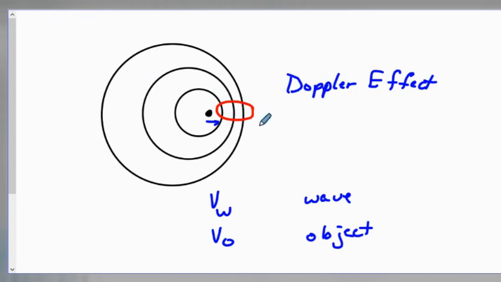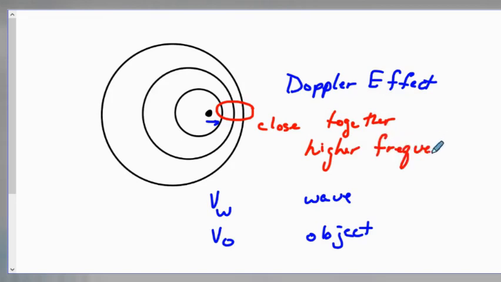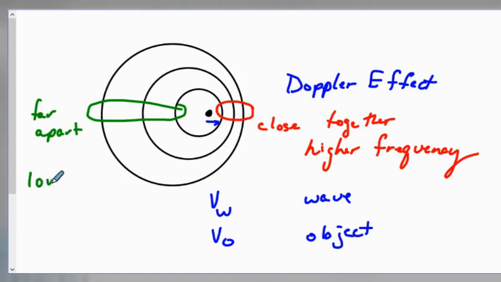Where the waves are close together, let me just write close together, this is going to have a higher frequency of waves approaching me. And on this side over here, I'll do it in a different color, this will have a lower frequency, far apart. Now, these are water waves that I was referring to in this case.